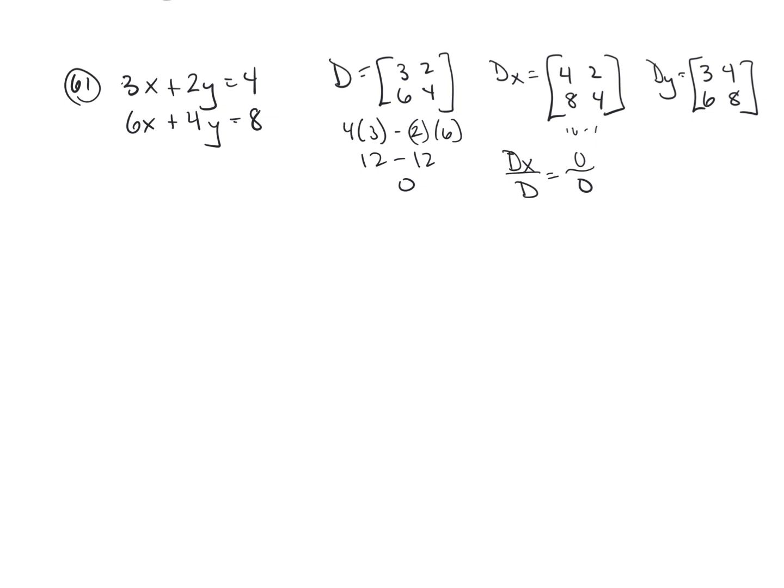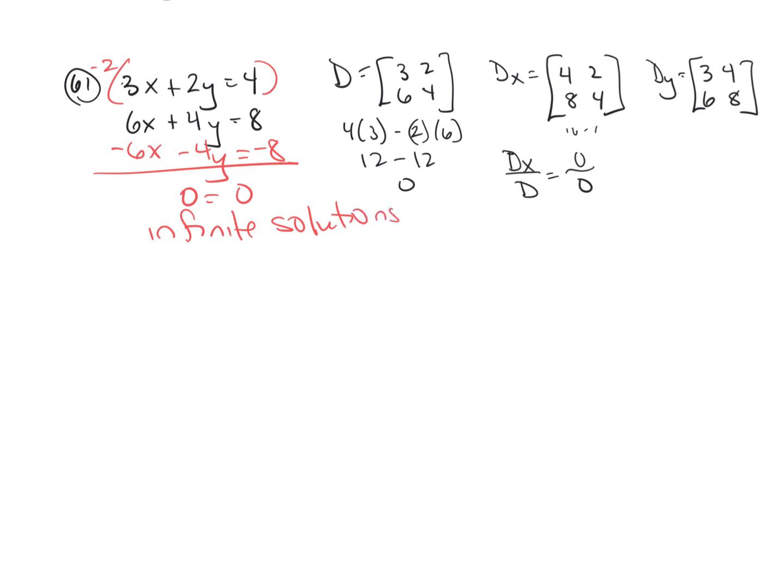We have to find, do we have infinite or no solution using our old methods. So using our old methods, I'm going to multiply the top by -2. I'll have -6x minus 4y equals -8. So what that tells us, I have 0 equals 0. So that means we have infinite solutions.